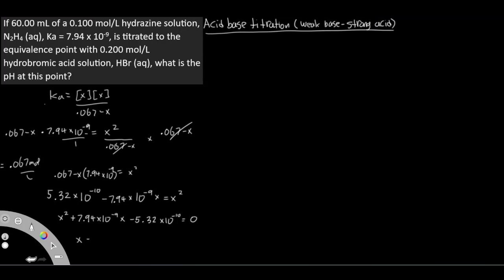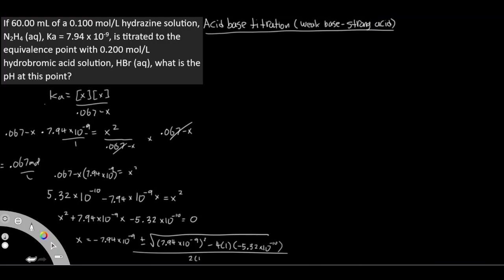So x is equal to minus b plus or minus the radical of b squared minus 4ac, all over 2 times 1.